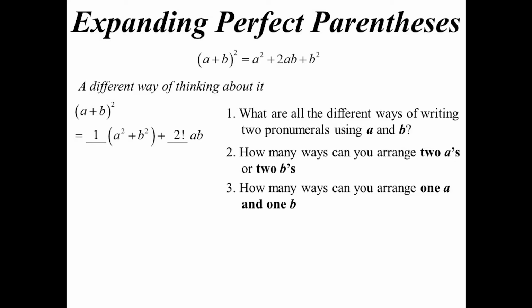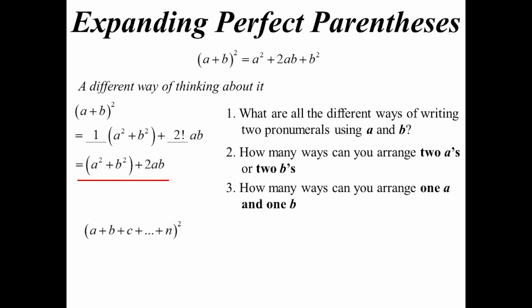Well, two ways. I could have a and a b, or a b and an a. Or, going back to our permutations idea, 2 factorial ways of arranging two objects. And so there's our a squared plus b squared plus 2ab. Essentially the same formula.